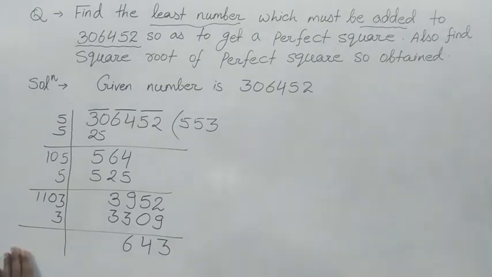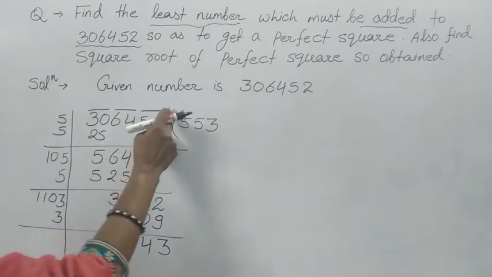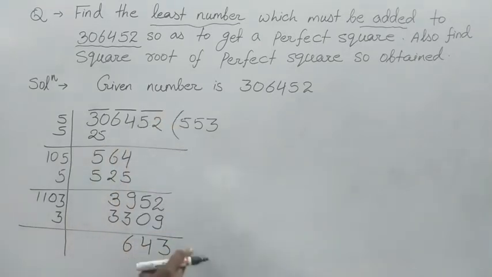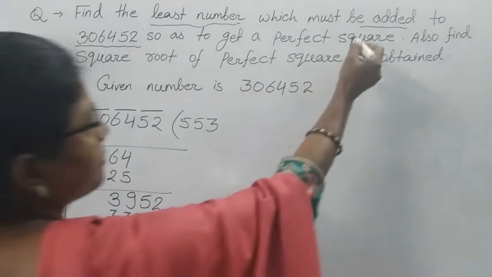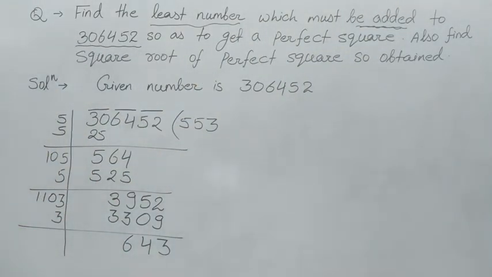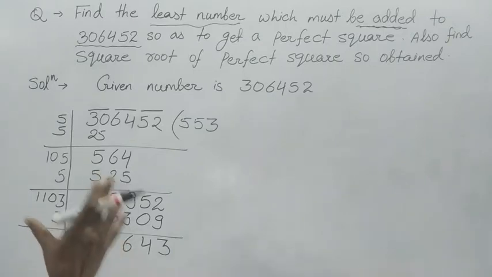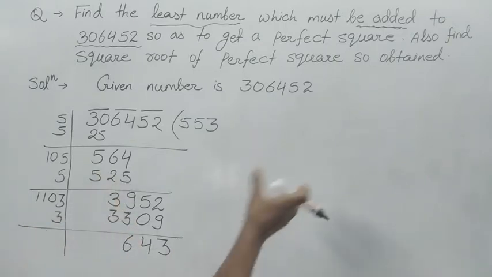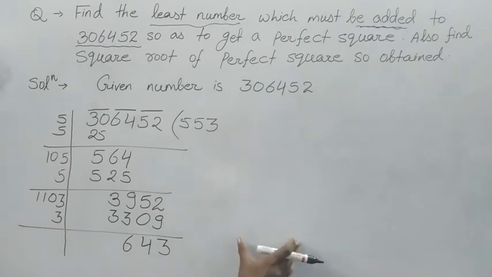So here you can see that now we have no pair to write down. Now analyze this process. This is a case of addition. You have to add some number here, not subtract. So we don't want to make the process so lengthy and write so many steps.